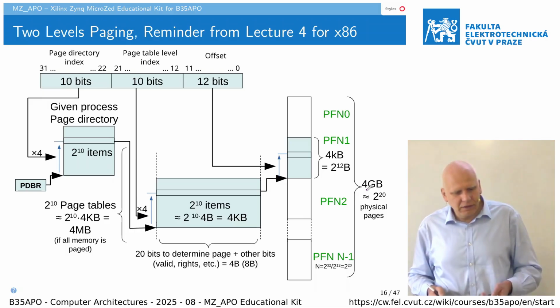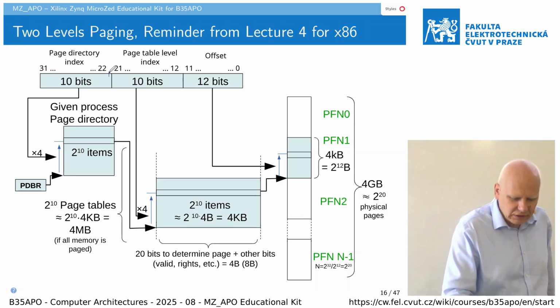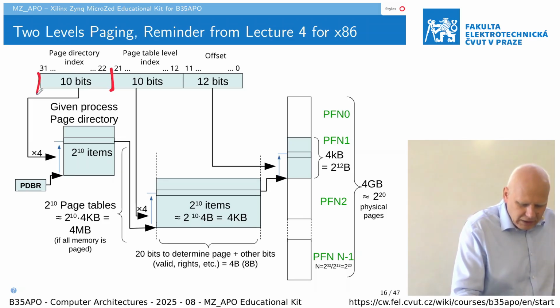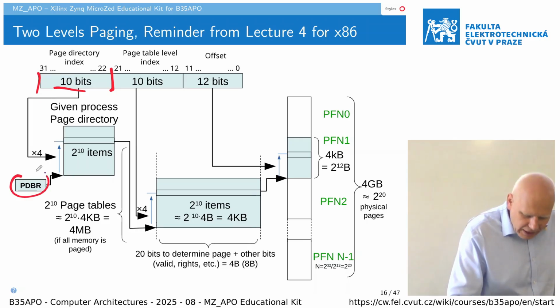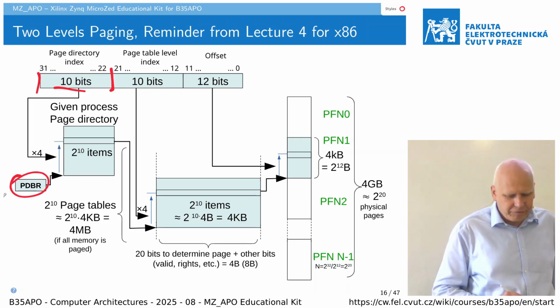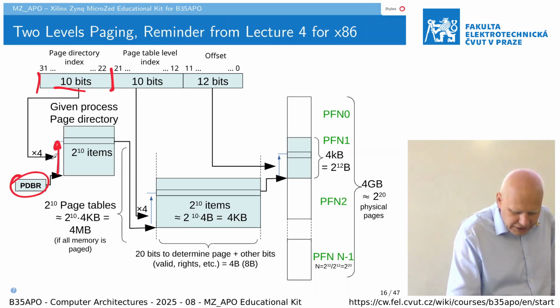And for paging, we can return back to Intel. So in the case of the 32-bit Intel architecture, we take 10 bits; for each process, we have a page directory base register, add the index multiplied by 4, and we get the entry.